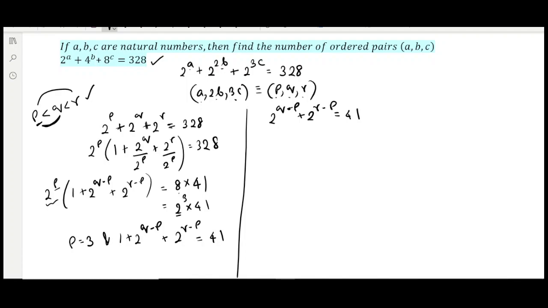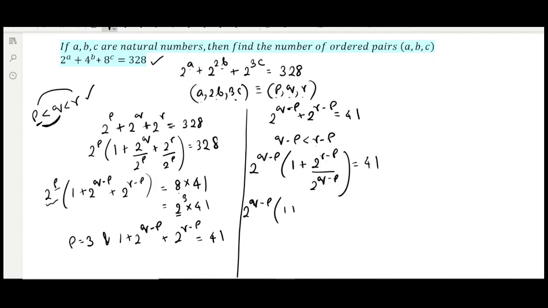We can see that q minus p is lesser than r minus p, because r is greater than q, and we have subtracted p from both sides. So we can take the smaller one, 2 raised to power q minus p, as common here. So we will get 2 raised to power q minus p times (1 plus 2 raised to power r minus q) equals 41.